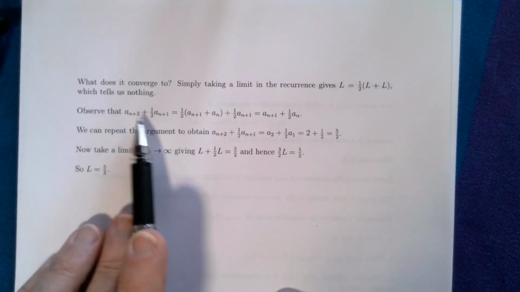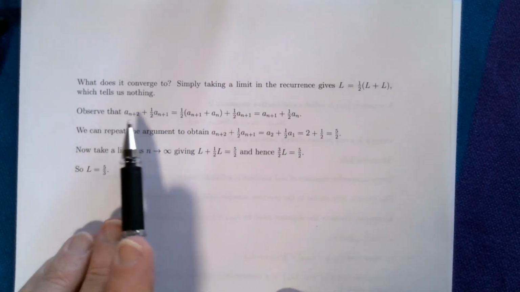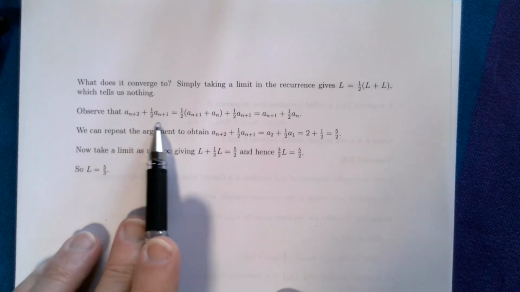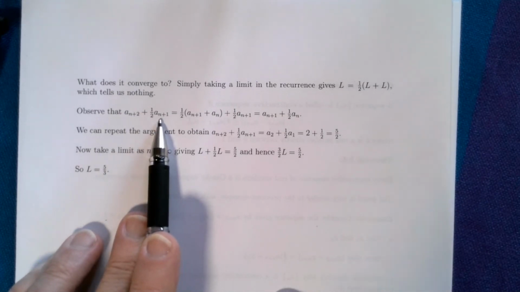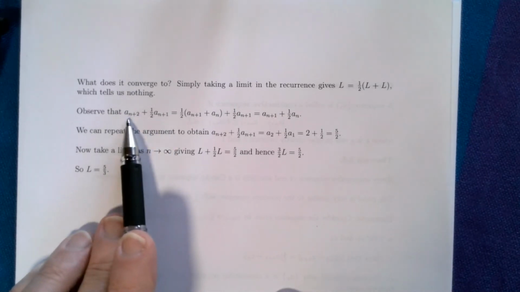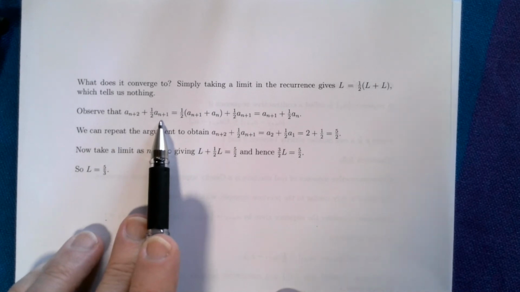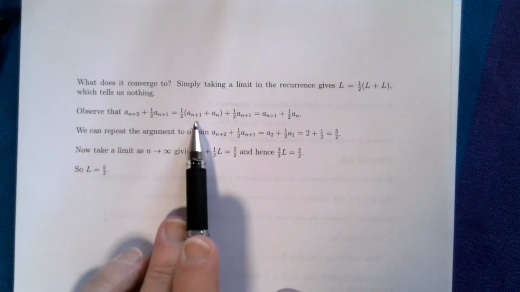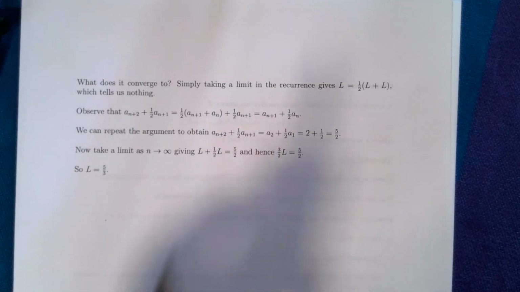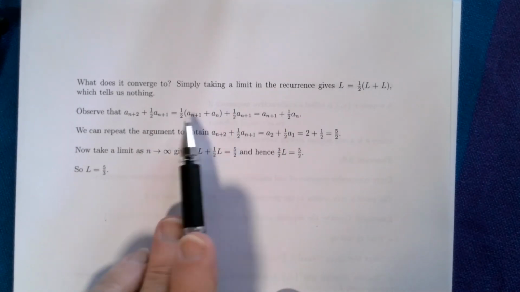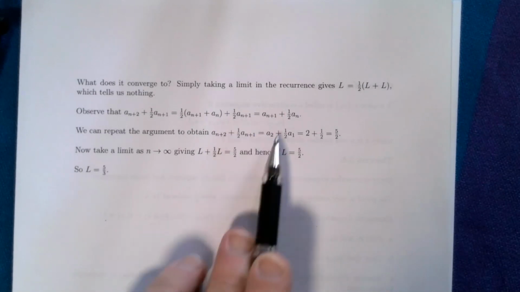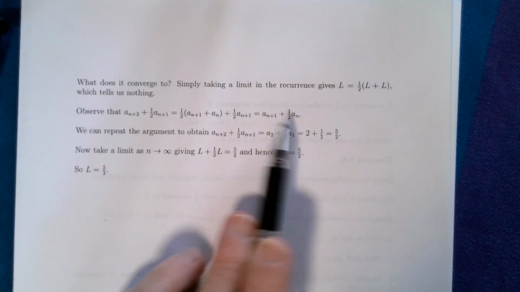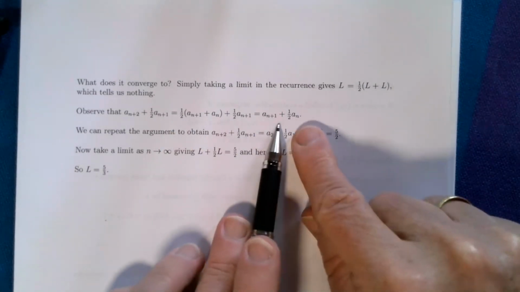However, I'm going to observe now that if you take each term plus a half the term before it, then I can replace this with the average of the two terms before it, and then I'm adding in this one, and a half plus a half is 1, so I get a_{n+1} plus a half a_n.